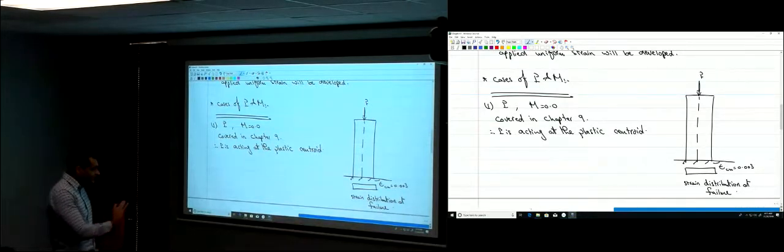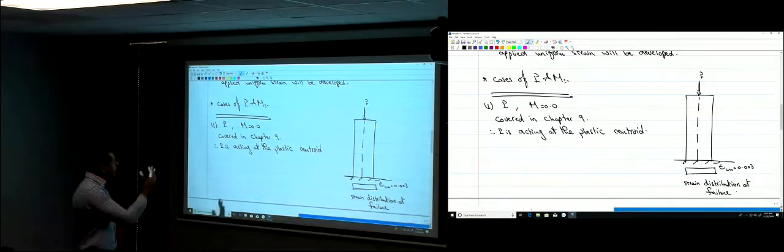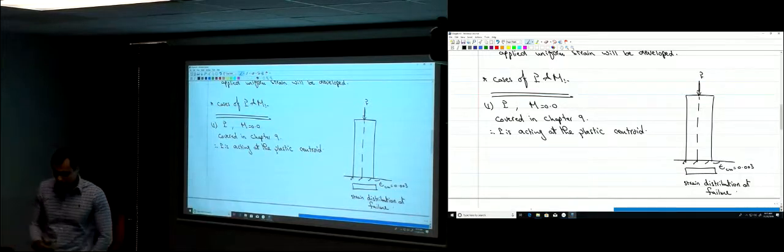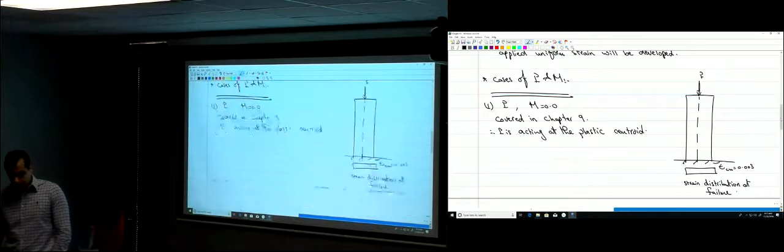This is at failure. So that means that the stress is going to be constant in the concrete, 0.85 f'c. And the steel is going to yield, so the stress in the steel is going to be f_y, any steel that you have. And you can find how much is P for this column, that can be resisted by this column if only an axial force is applied.